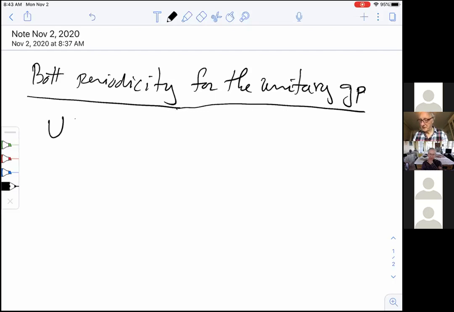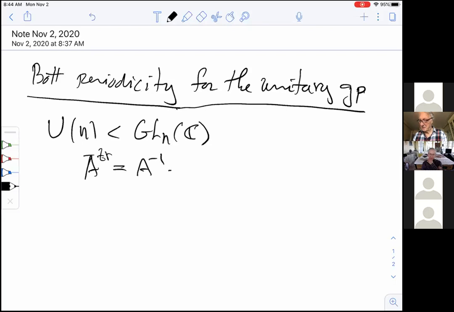Just to remind you, the unitary group U(n) is a subgroup of GL(n,C), the invertible n by n matrices, that satisfy A conjugate transpose is A inverse.